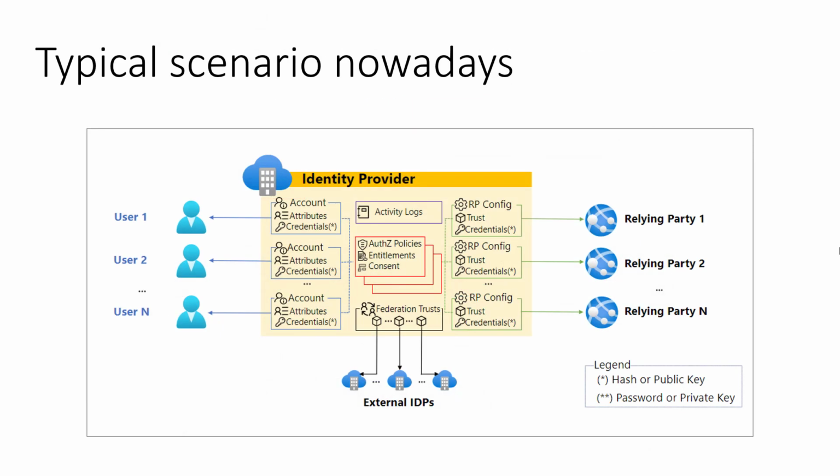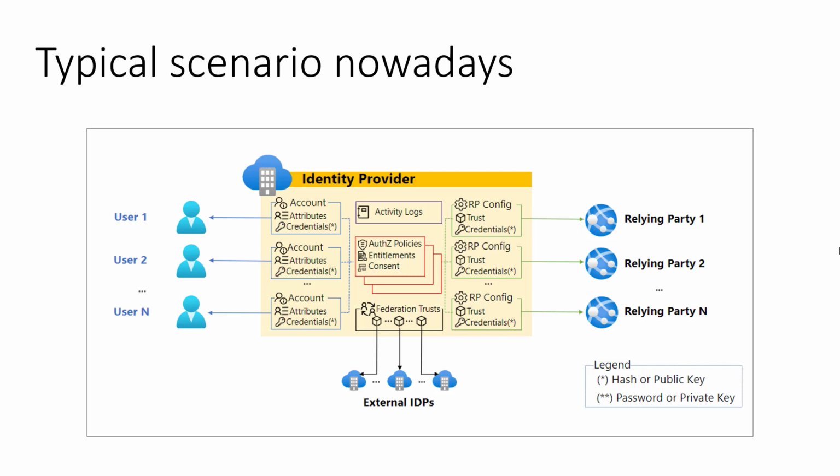And before we start, let's talk about some theory and some concepts and scenarios before we move forward with implementation details. What you currently see on the screen is a typical scenario nowadays. There is this concept of identity provider. To make it simple, probably you know it, but let me clarify.